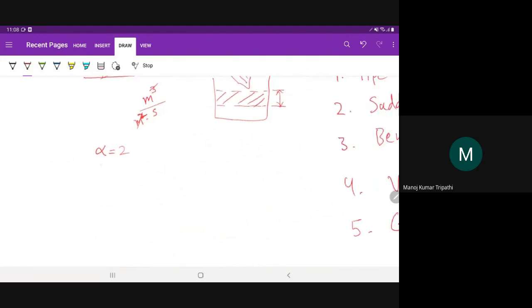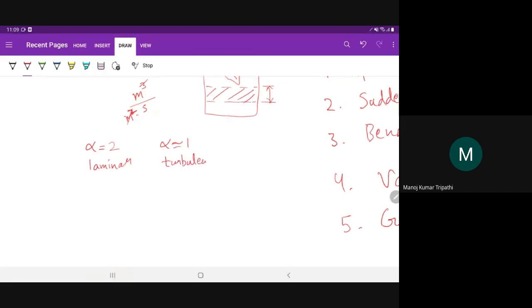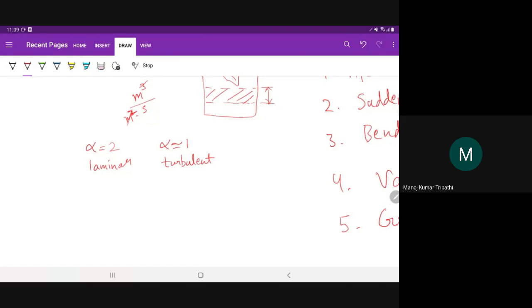Okay. This is for laminar pipe flow in a cylindrical pipe. And for turbulent flow, this is about 1.